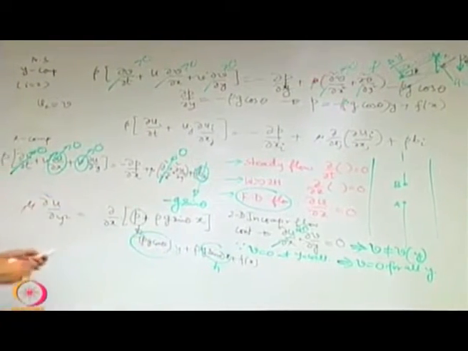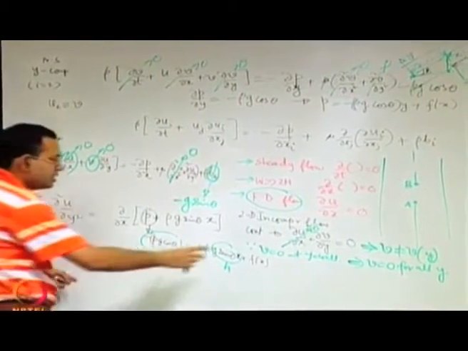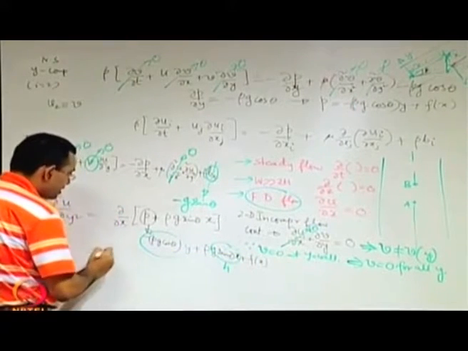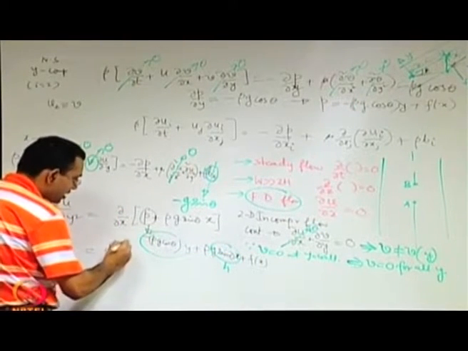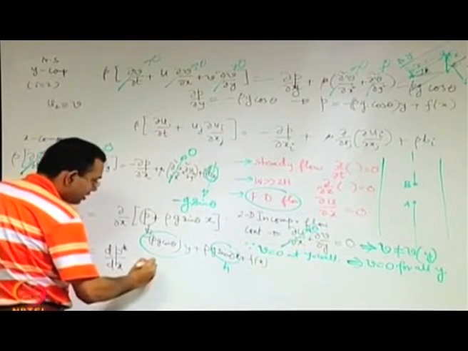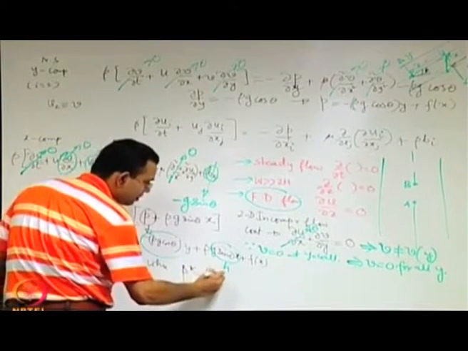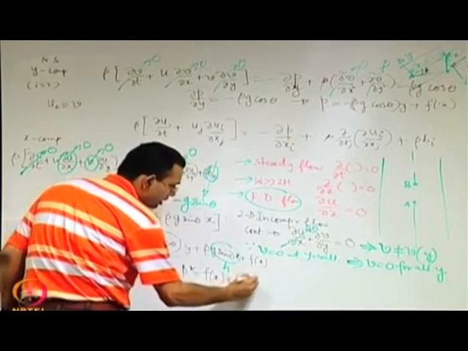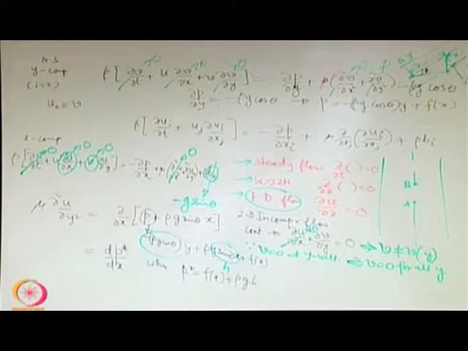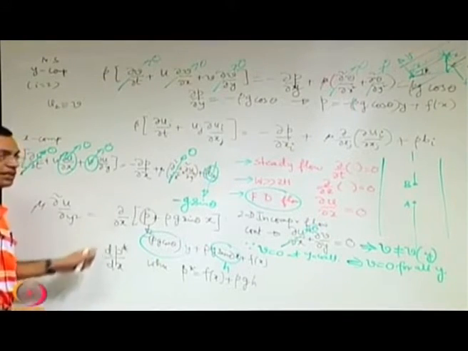And the important thing is, since this is varying with x, we can just write this as dp star dx, where p star is fx plus rho g h, right. And why d/dx and not partial derivative?